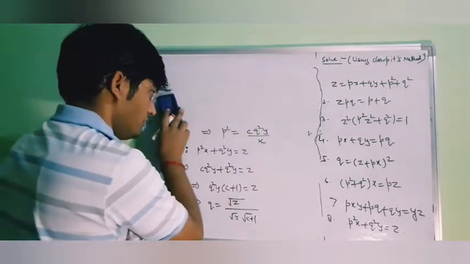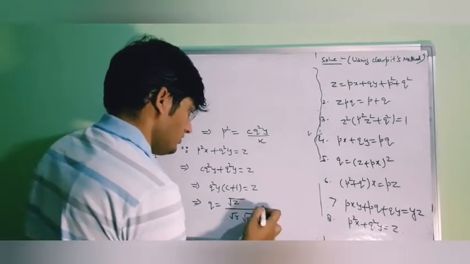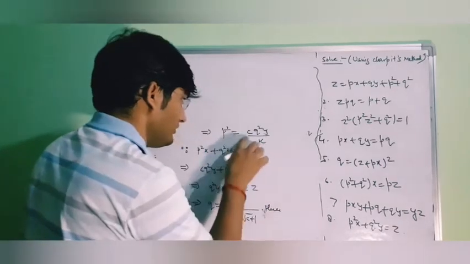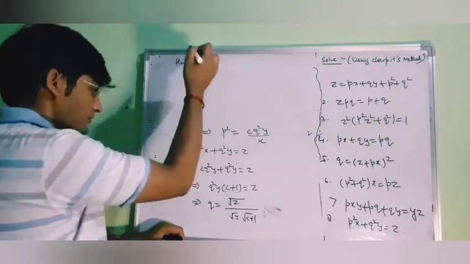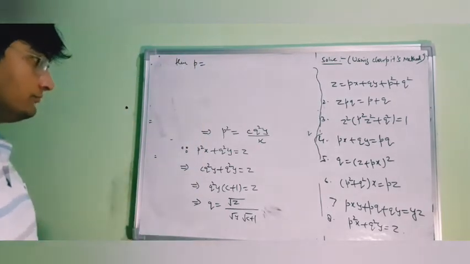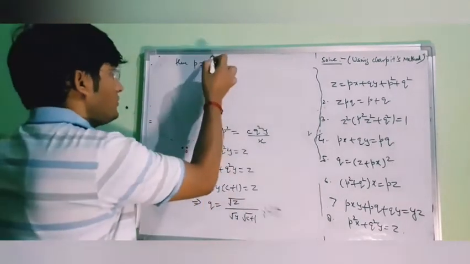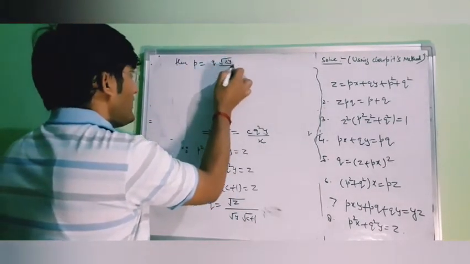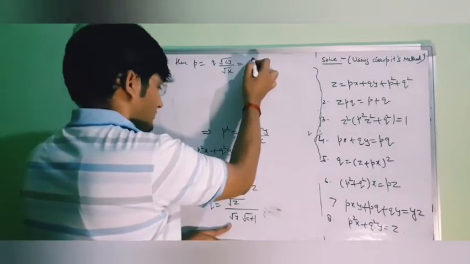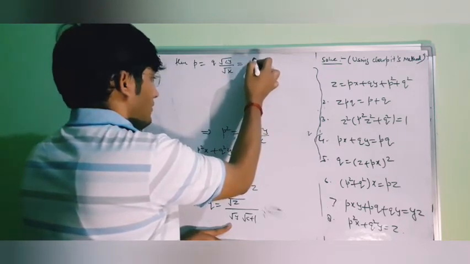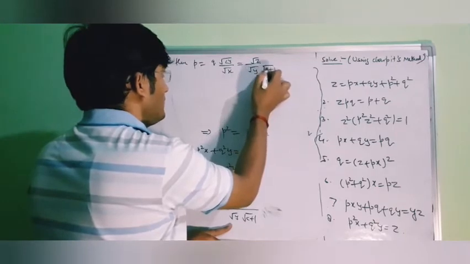So now, and if this is your q, so hence our p will be, hence our p equal to, now this p will be q times under root c y upon under root x, and this is equal to root z upon root y into root c plus 1.